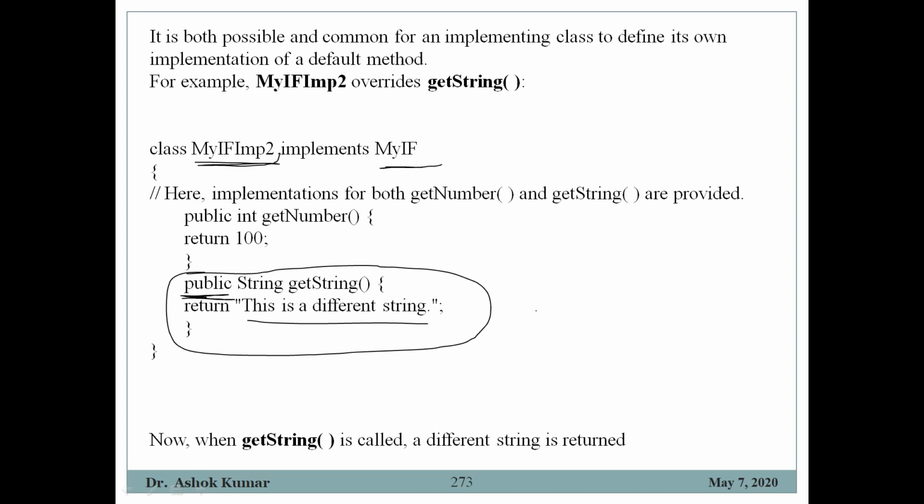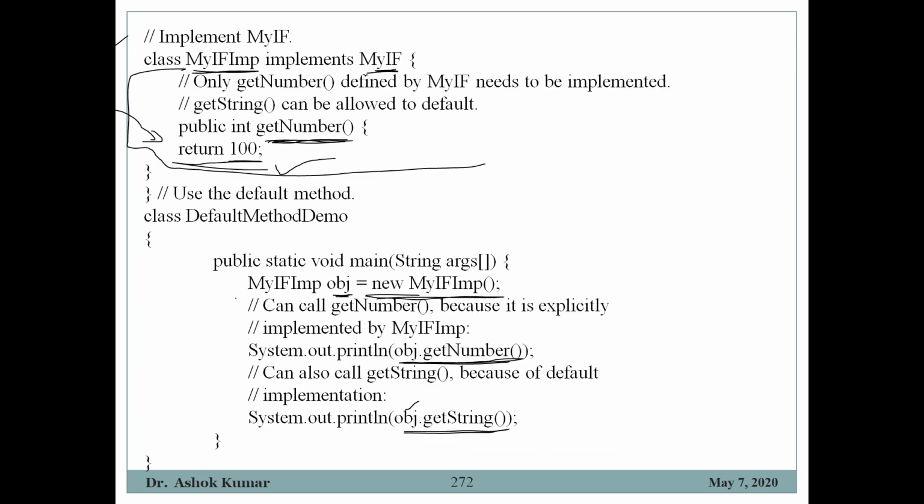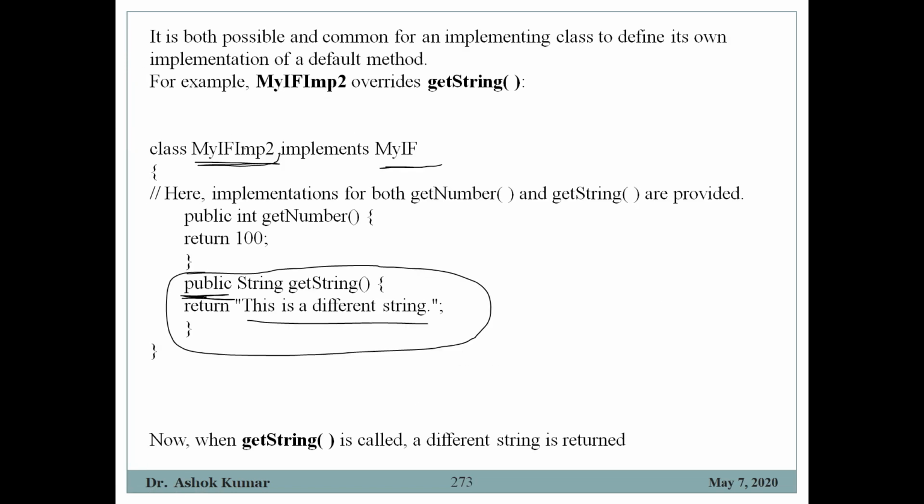If you keep the main method the same as that of the previous class, and instead of the previous class we use this class my imp2, then when you call the get string method, this method will get called and you will get the result: this is a different string.